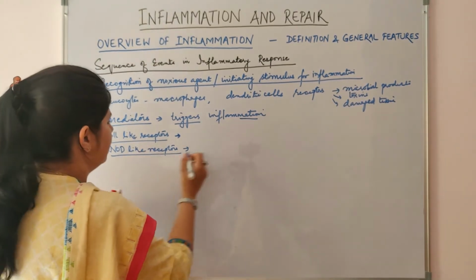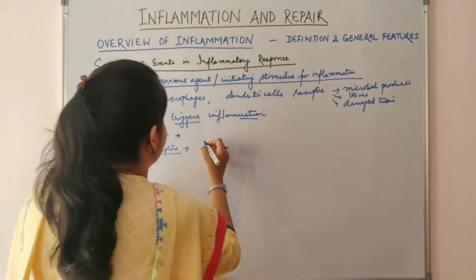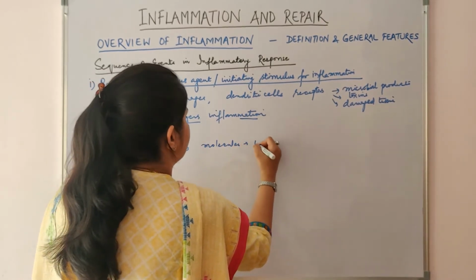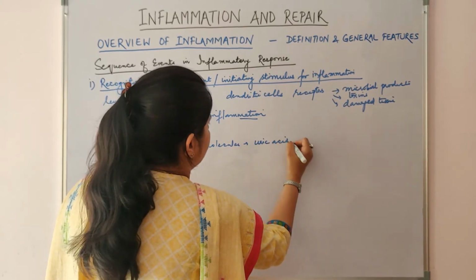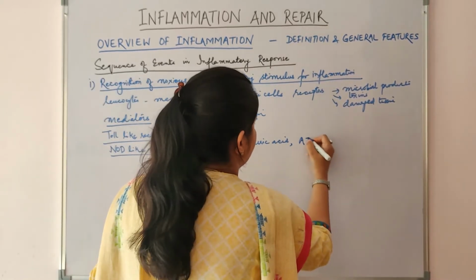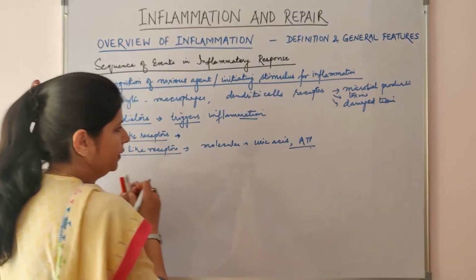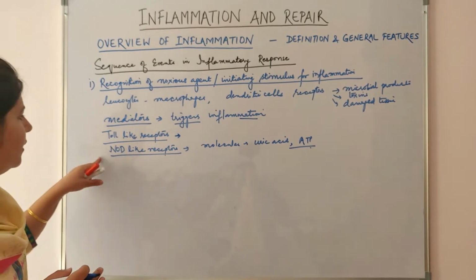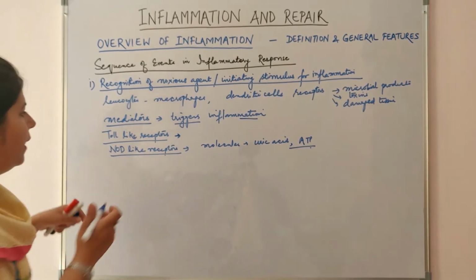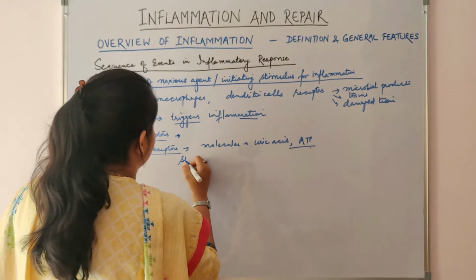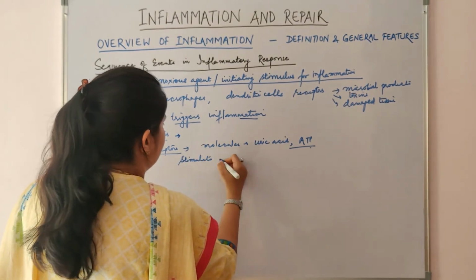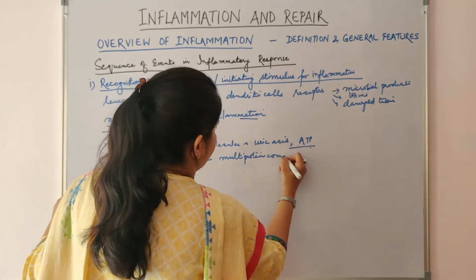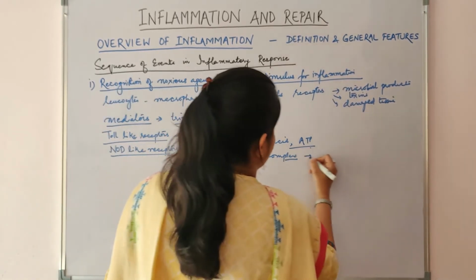These dead cells release certain molecules like uric acid, ATP. These leak out of the dead or damaged cells and are identified by these receptors, and these receptors then stimulate a multi-protein complex, which is the inflammasome.